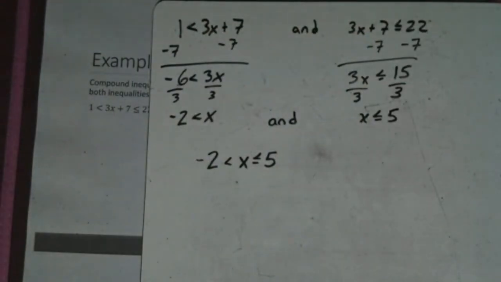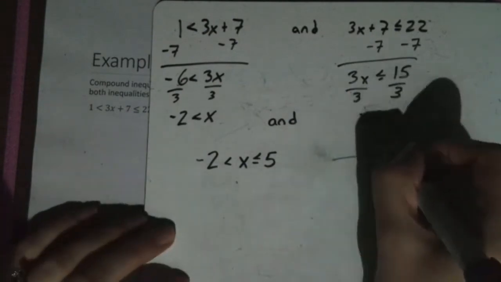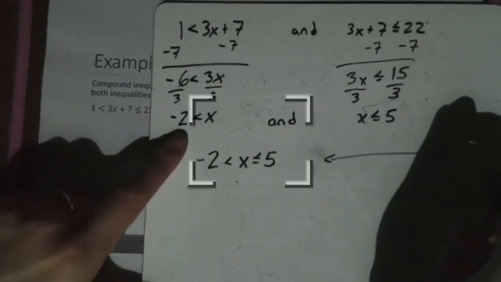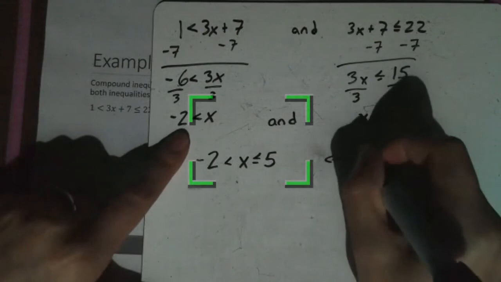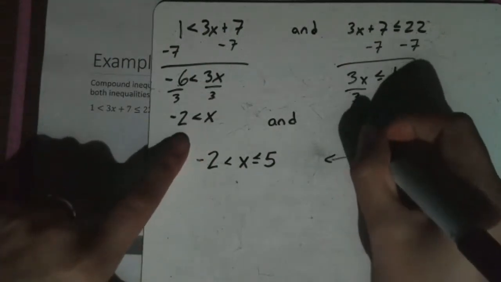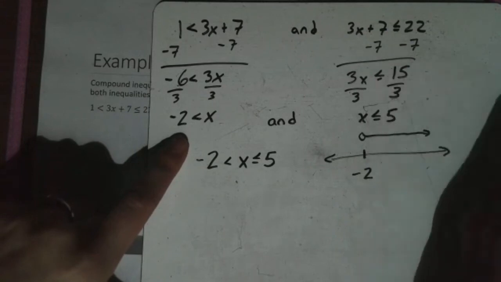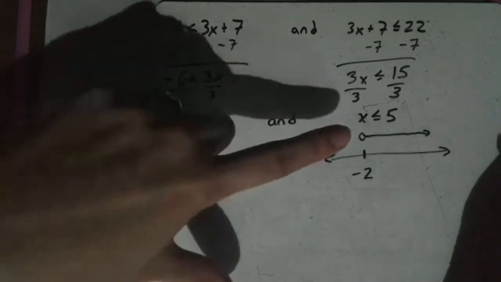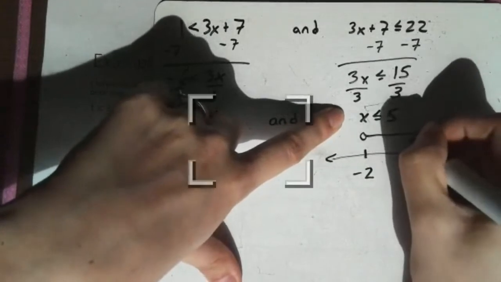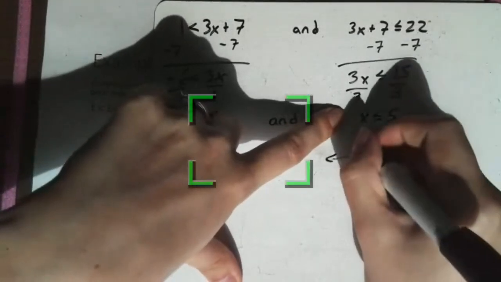Another way we can look at this is similar to how we did back in the sets section, and that's by looking at the graph. If we look at -2 is less than x, meaning x is greater than -2, we would be looking at the open circle to the right. For x is less than or equal to 5, we'd be looking at a closed circle and to the left.